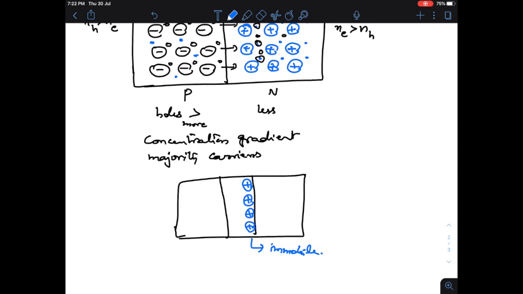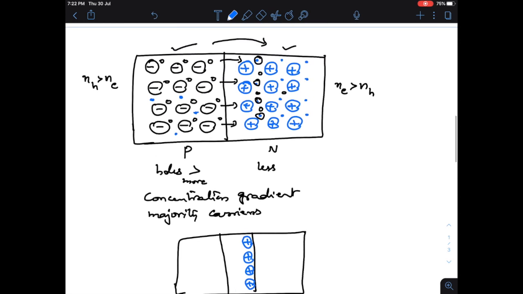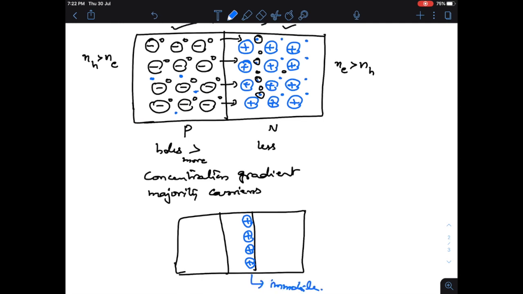Therefore, because there are no free charges, they recombine, so they become immobile, a layer of positive. So this is a layer of positively charged space charge region.